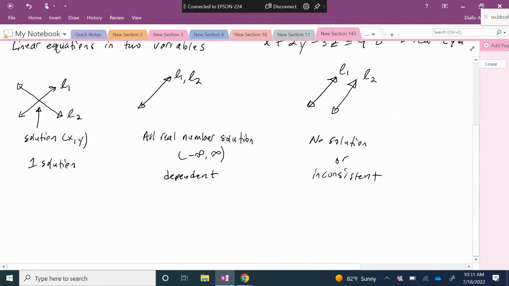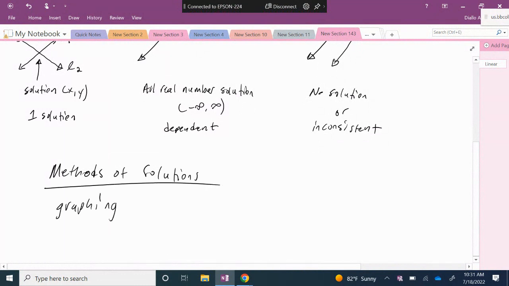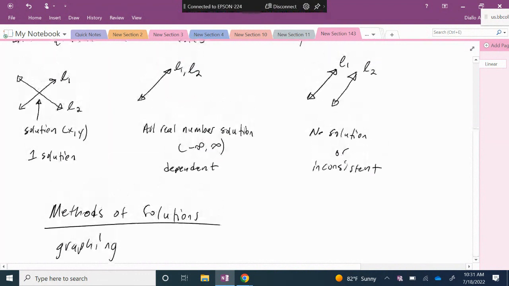All right, now, if you took the prerequisite for this course, intermediate algebra, I think you looked at two ways to solve. You could solve by graphing, which is basically what we just took a look at.